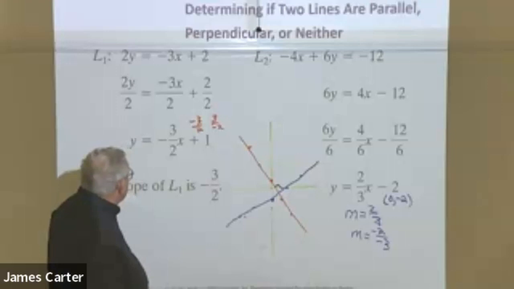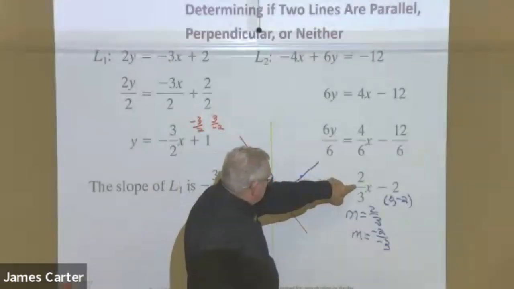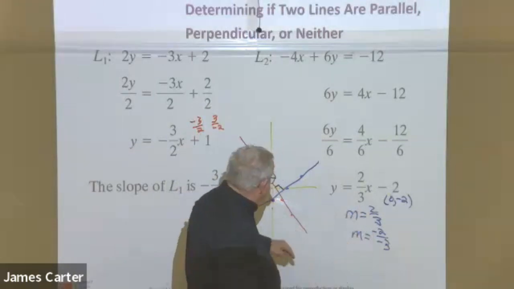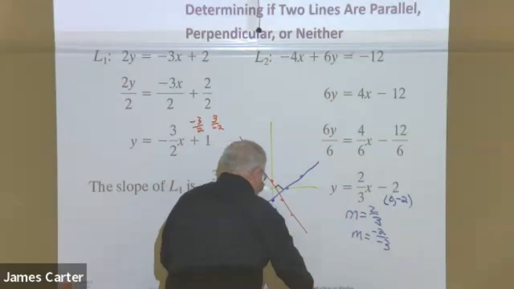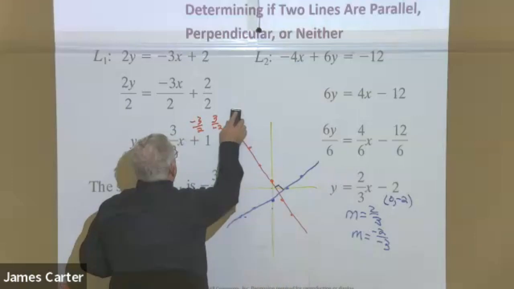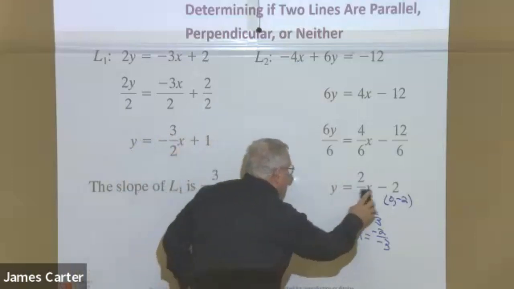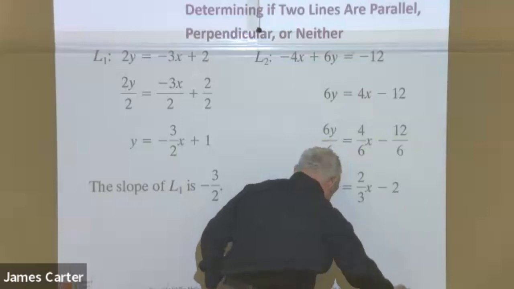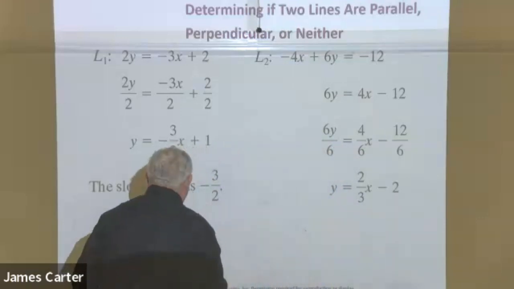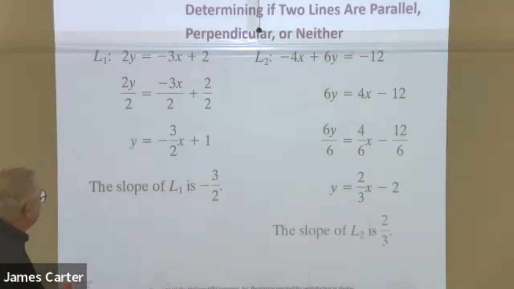So if you can write this one these two ways, you can write this one these two ways for going up or down from the anchor point. And these lines are perpendicular.